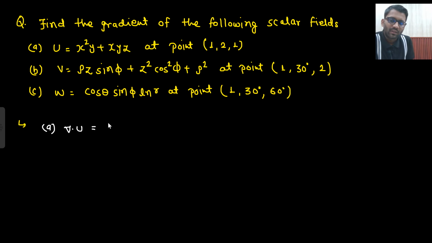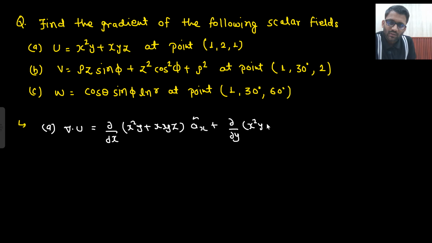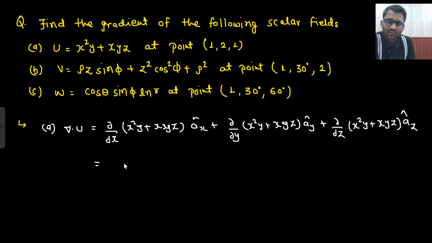So what that would be: del by del x of (x square y plus xyz) ax cap, plus del by del y of (x square y plus xyz) ay cap, plus del by del z of (x square y plus xyz) az cap.